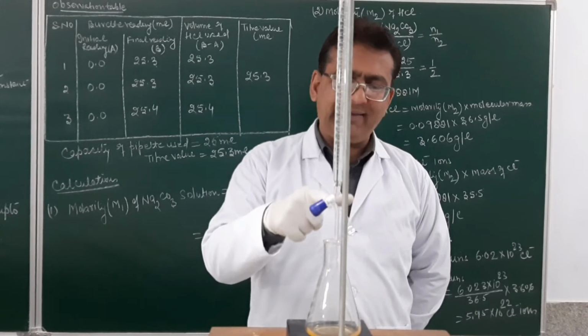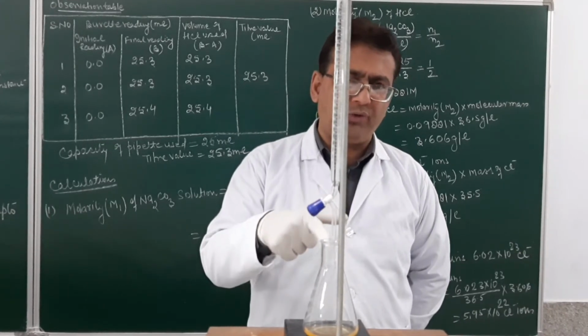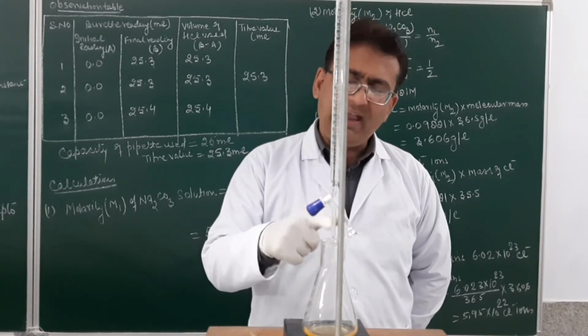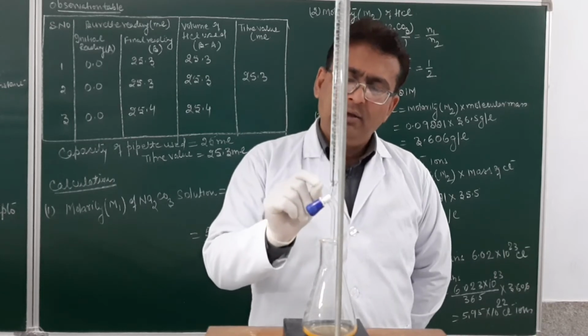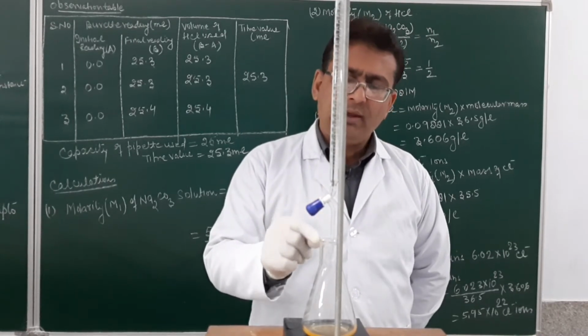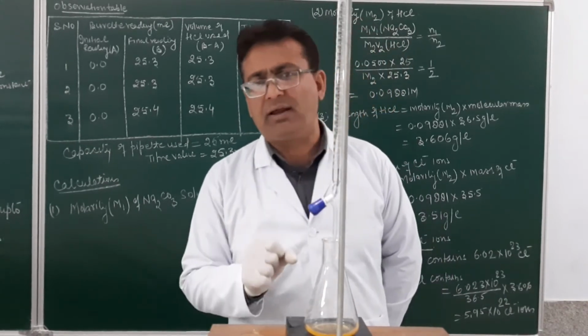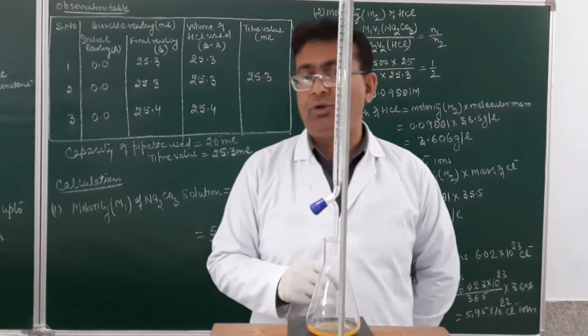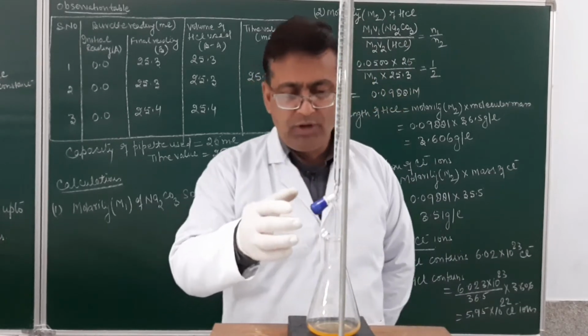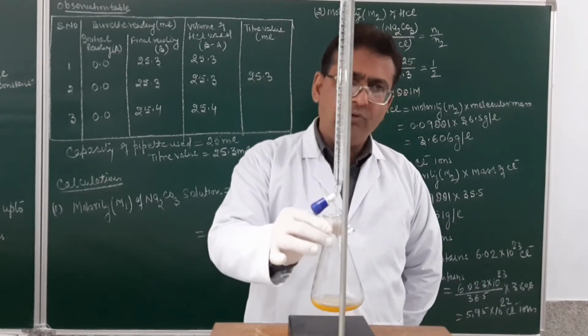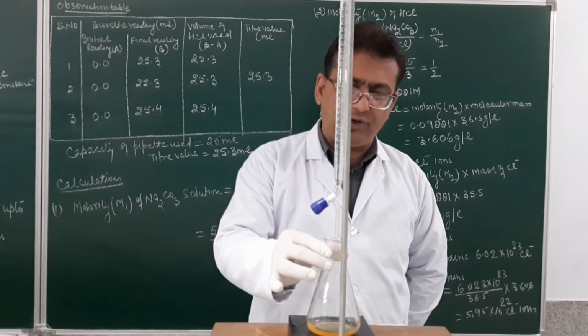So when we add HCl into sodium carbonate solution, the process of neutralization will take place. As soon as the neutralization occurs, even a single drop of additional HCl will make it acidic. And with acid, the methyl orange solution will become pink in color. So we will observe when the slightest pink color appears.